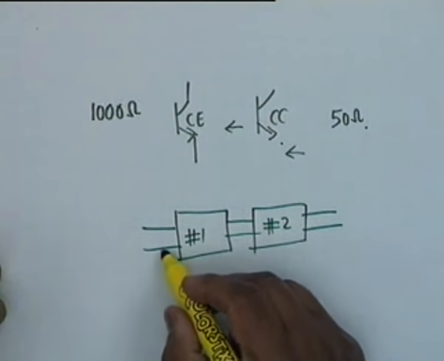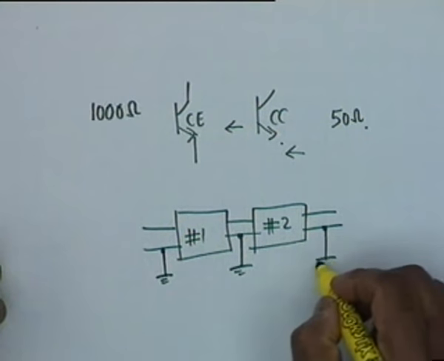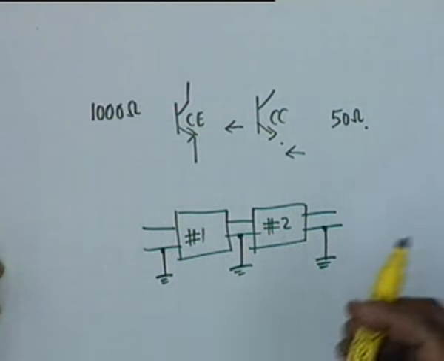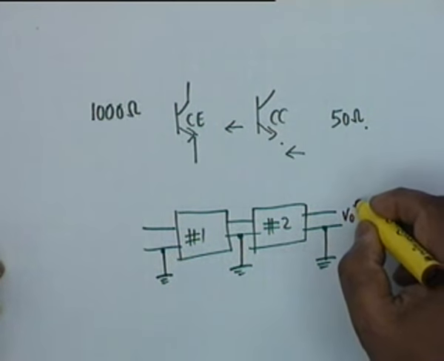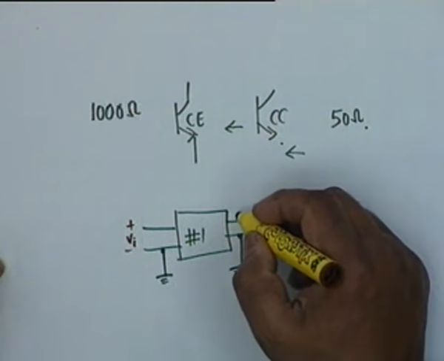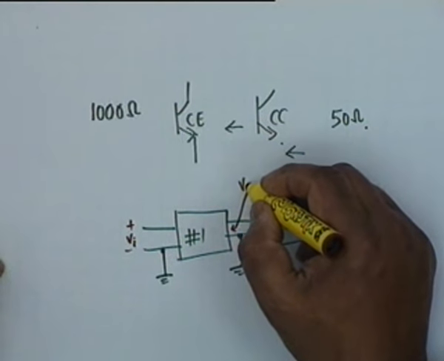and you know that all amplifiers are usually grounded. Suppose we have a two-stage amplifier, alright, then to calculate the overall performance of this, this is V0, this is Vi. Let's call this voltage V1.